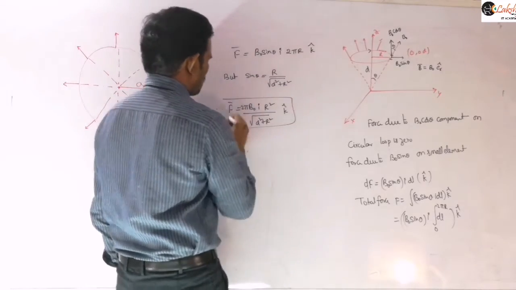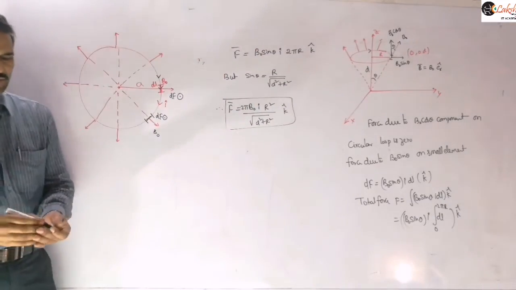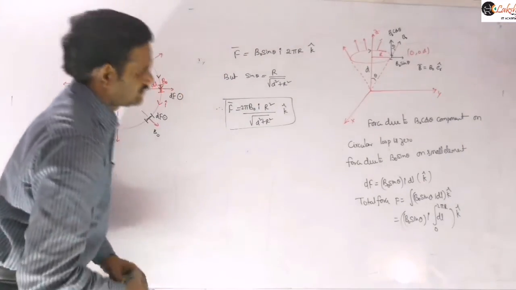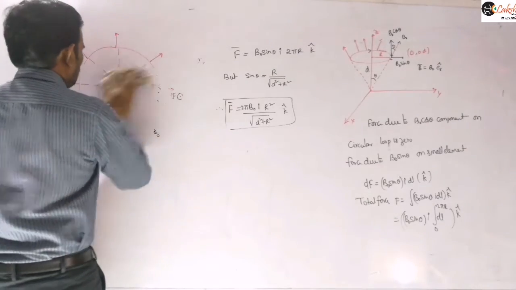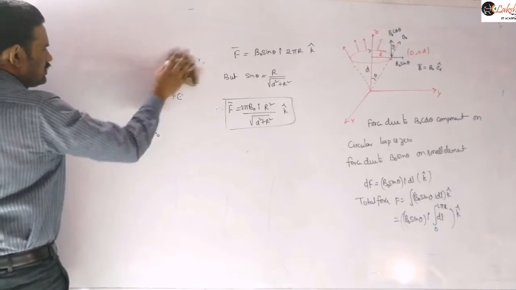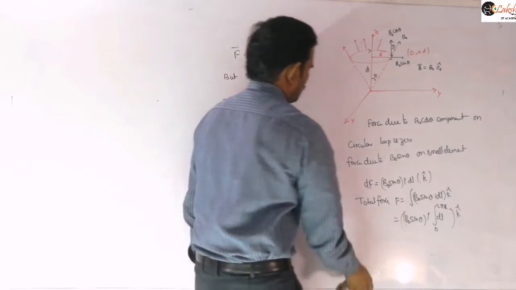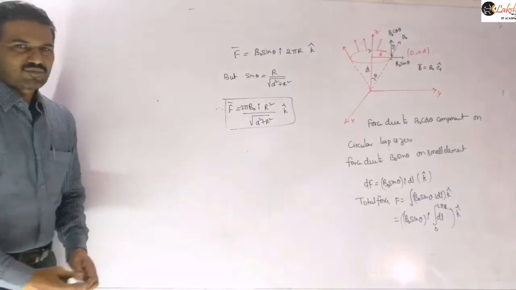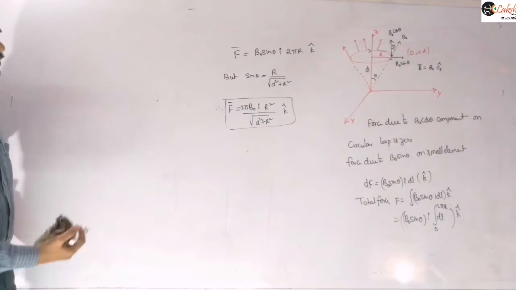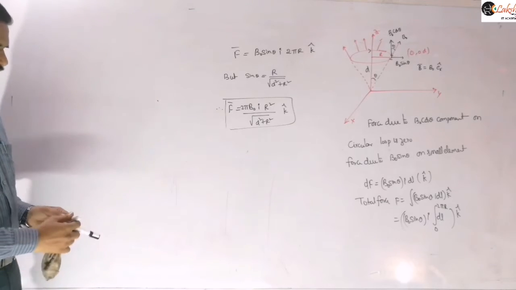So this is the force expression, the force acting on this circular loop in that case. Right? And so next, write this another problem here based on the same circular loop.